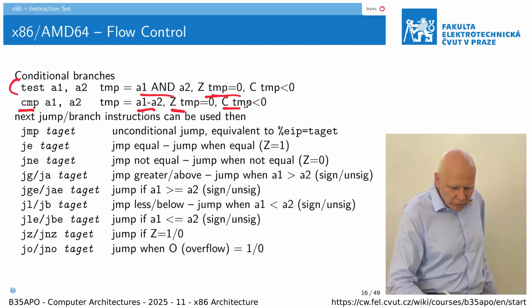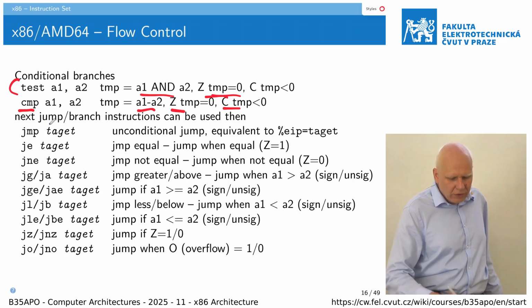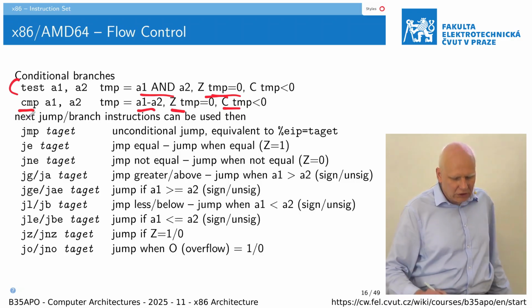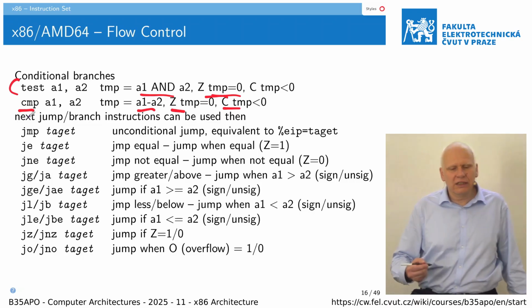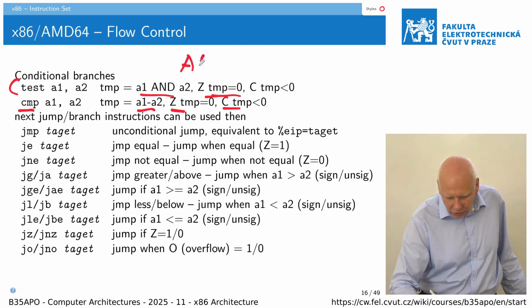So from those operations, you can follow with the conditional jumps, which can use those flags which have been set in the arithmetic logic unit.